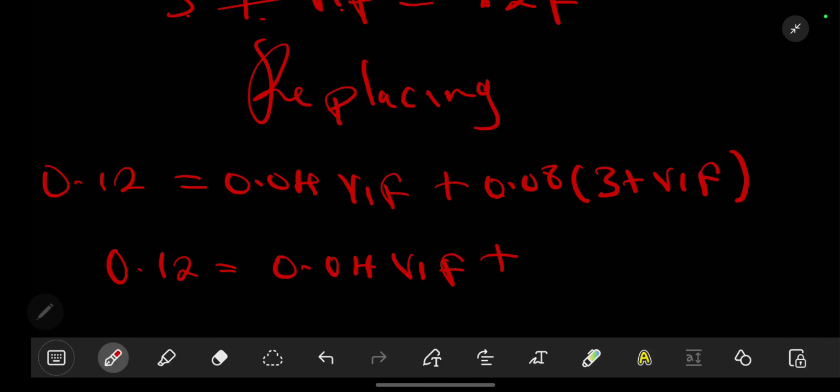This is going to give us 0.08 times 3, which is 0.24. Then we have plus 0.08 times V1 final, so it will be 0.08 V1 final.